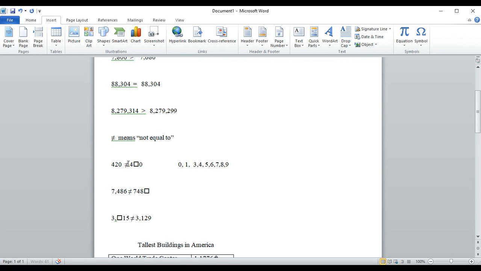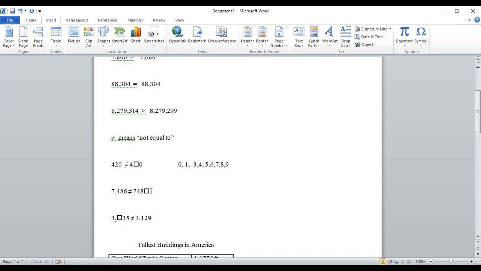All right, this is an algebra sign, and in 4th grade they start just giving you small bits of algebra. So we're going to try another one. 7,486 is not equal to 7,48 what?